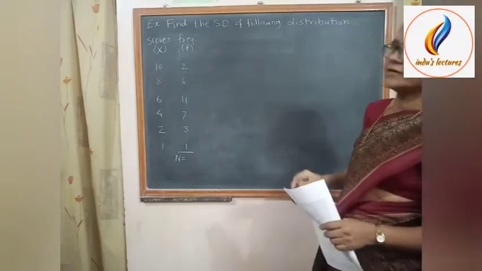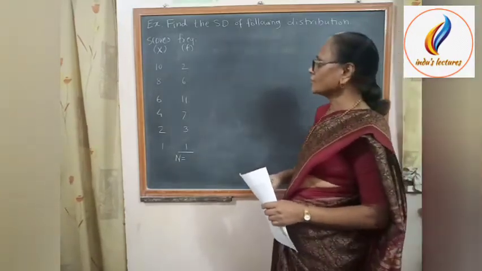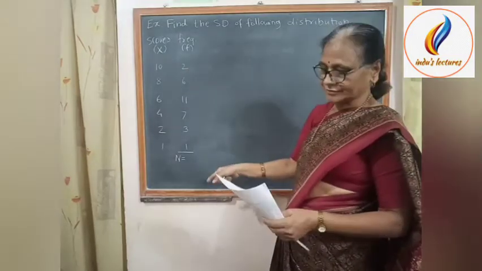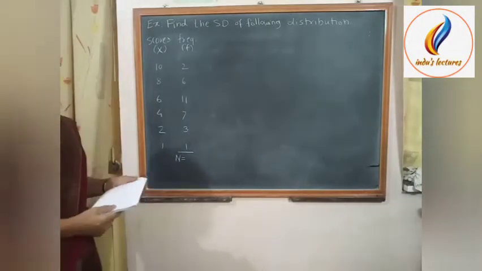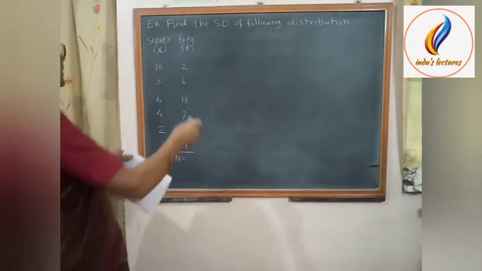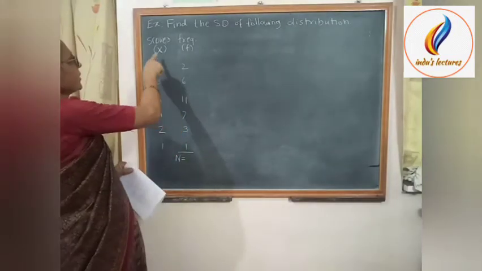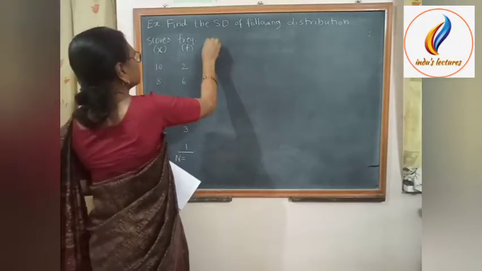Let us consider another example. Find the standard deviation of the following distribution. The distribution is given in the form of score and frequency. First we calculate the mean of the given distribution. For finding the mean, we calculate the product of score and frequency, that is xf.